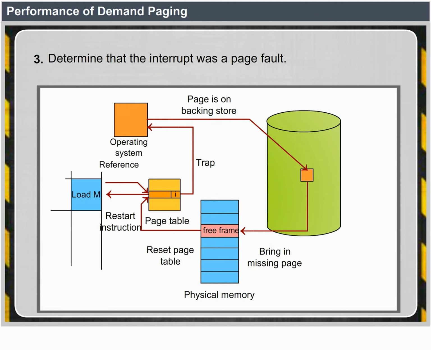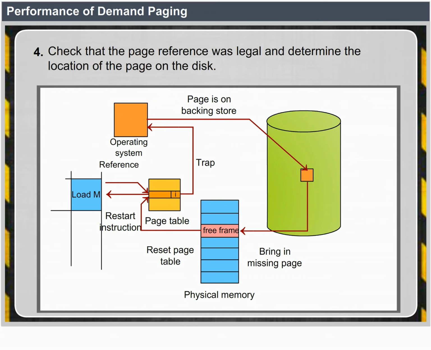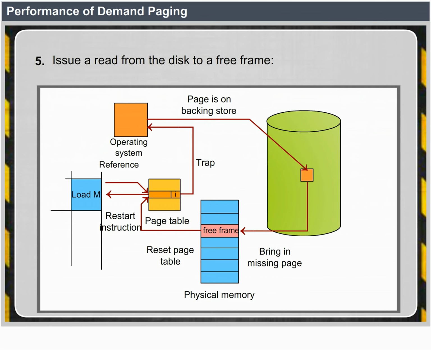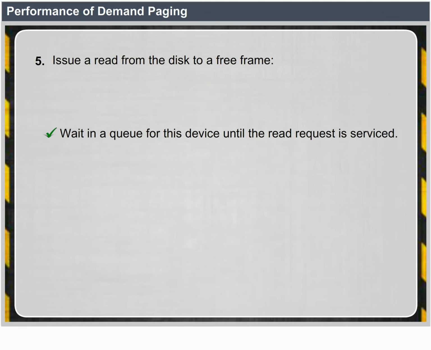Check that the page reference was legal and determine the location of the page on the disk. 5. Issue a read from the disk to a free frame. Wait in a queue for this device until the read request is serviced. Wait for the device seek and/or latency time. Begin the transfer of the page to a free frame.